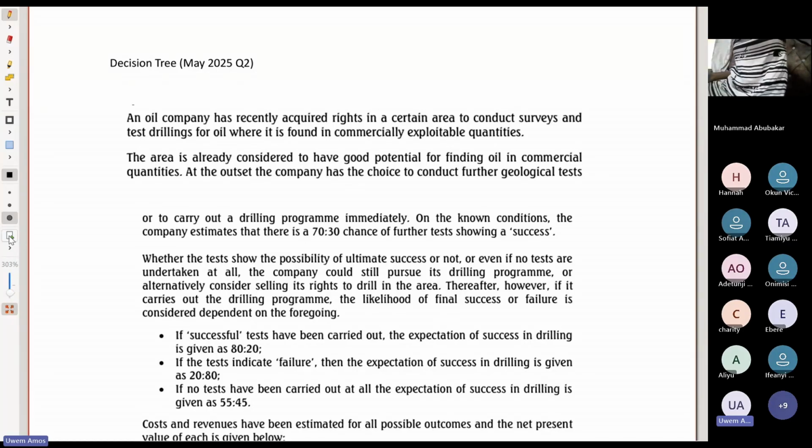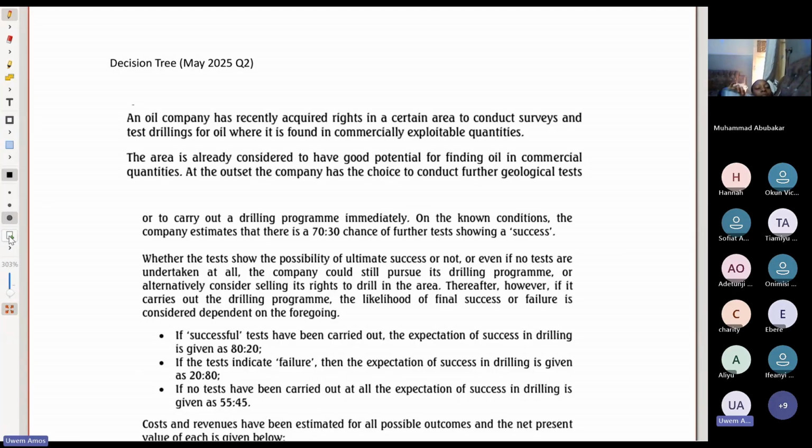At the outset, the company has a choice to further conduct geological tests. So that's a choice. So that means that we should have a decision point used to illustrate that. But let's read the question through to understand it, and then we'll come back again and read it to answer the question. So I'm going to begin from that second paragraph.